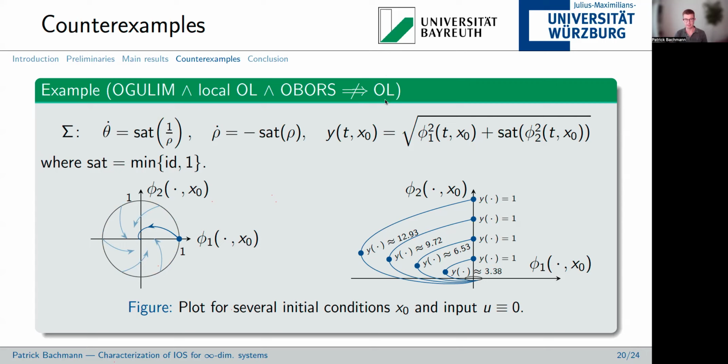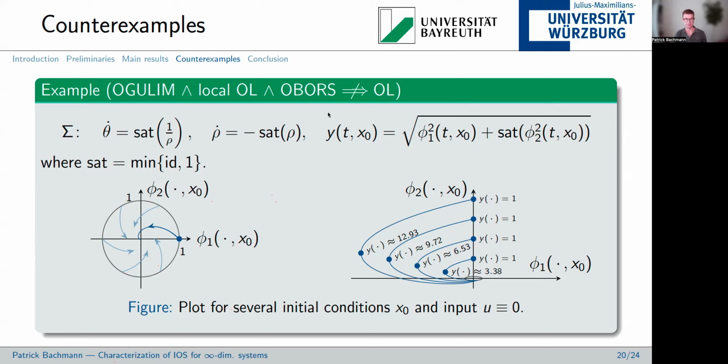I did not provide any characterizations yet, and maybe I will also not do so during this talk because we will need a lot more definitions. The point is that these notions that we introduced are not enough to imply the output-Lagrange property.